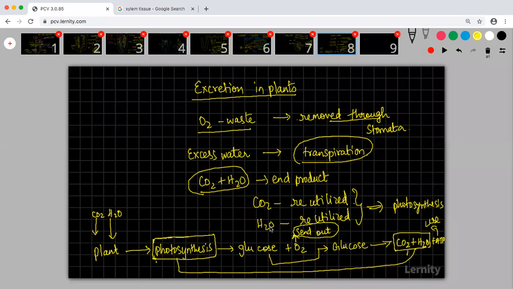The plants will store lots of food, so they will not use all the glucose. They will be constantly producing glucose and storing it. Only then are we able to eat. The plants will store lots of glucose in their body, so they will have a constant need of carbon dioxide and water. Are we understanding?